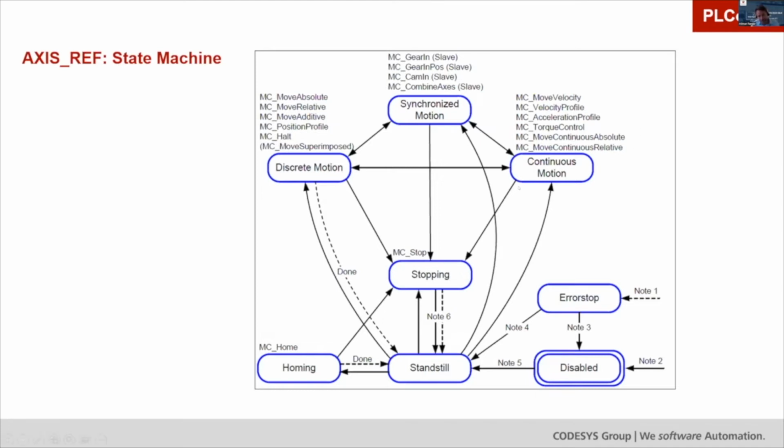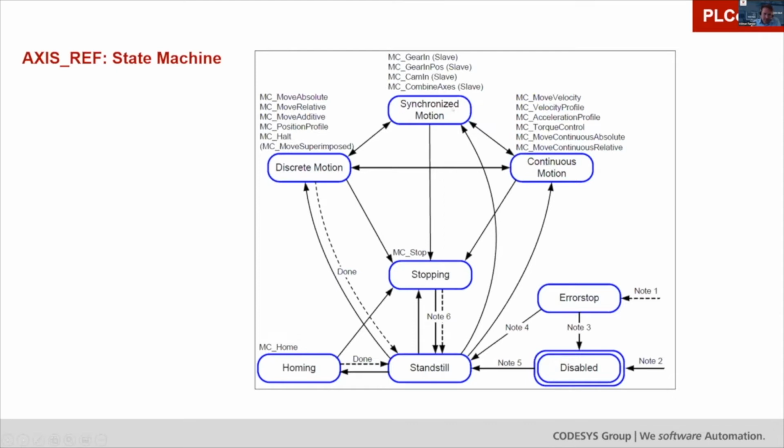In contrast to this, we have the continuous motion, where we issue a command, and this command runs without end. Like move velocity: when we say the axis moves with a certain velocity, it will run endlessly, or until we interrupt it with another movement. This is the continuous motion. And then we have the synchronized motion.